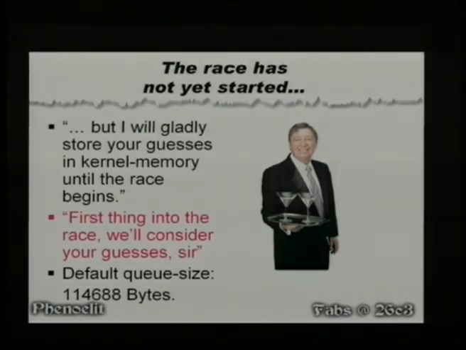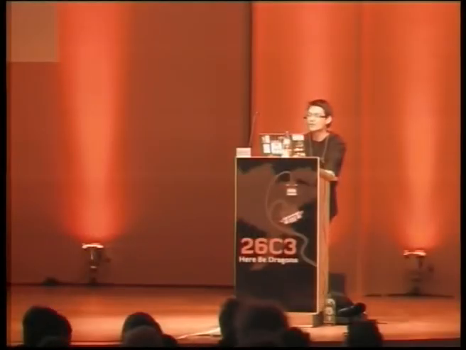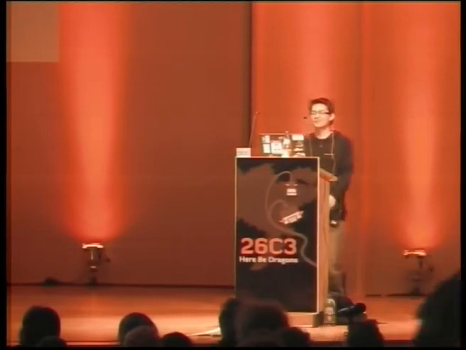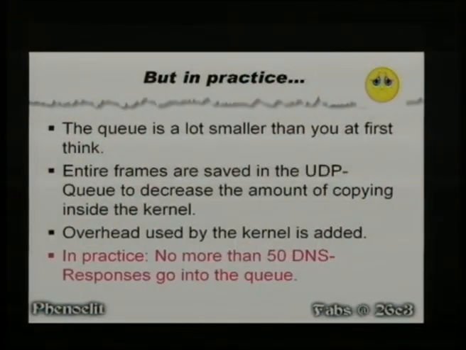So the default queue size, at first, looks pretty big. So you start calculating and writing down stuff, and it's like, oh, I do 20 tries, and I'm at 50% chance without knowing anything. But in practice, that doesn't work because of all of the overhead you have. This queue actually stores complete frames because, of course, when you receive frames, you don't really want to do a lot of copying.